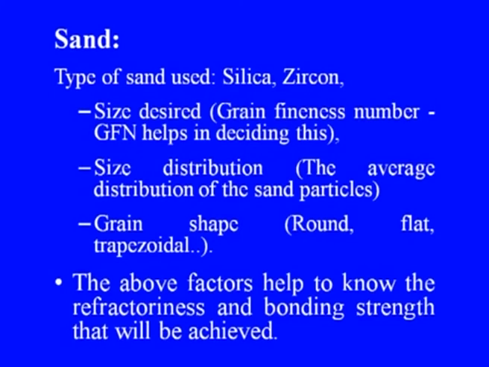Then size distribution, the average distribution of the sand particles, then the grain shape, whether they are round, flat or trapezoidal. The above factors help to know the refractoriness and bonding strength that will be achieved. Sands of much smaller grain size than normal castings can be used in the cell molding process with nearly flat shapes.